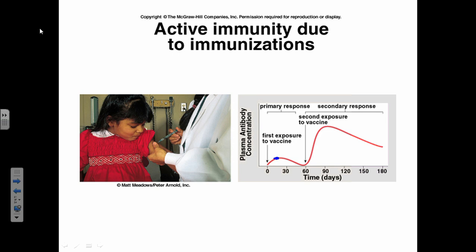But what's still in your blood? Memory cells. And how long do they stay there? For the rest of your life, probably, in most cases. So let's say you get exposed to the germ again, right at this point. Your immune response is so fast and so big the second time around that you probably don't even have symptoms.